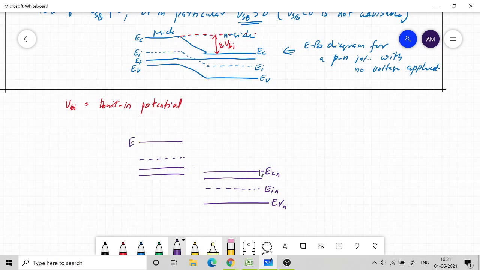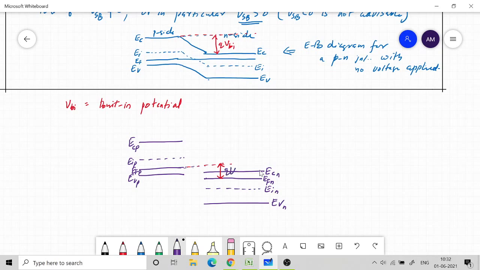And similarly you have ECP, EVP, EIP, and so the difference in the Fermi level. This is EFN and this is EFP. So this difference is basically Q into the applied voltage.